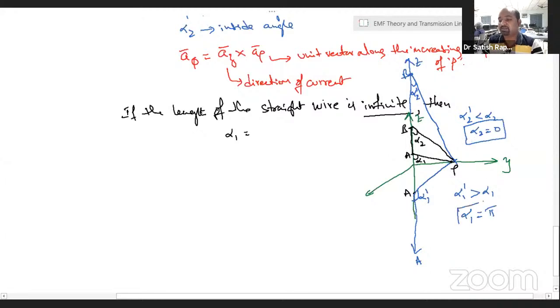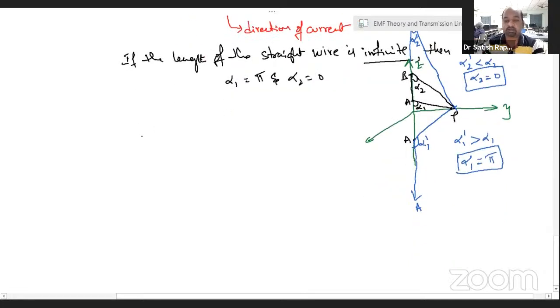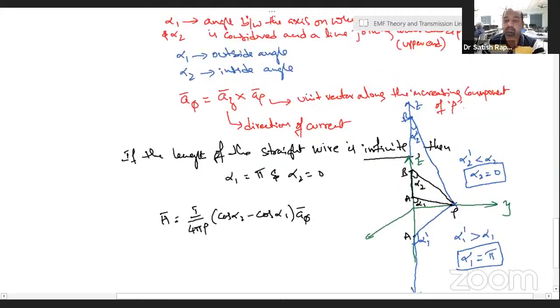And at minus infinity, alpha 1 is pi degrees. Therefore, alpha 1 is pi and alpha 2 is equal to 0 if the length of the straight wire is infinite. So H bar is equal to I by 4 pi rho, cos alpha 2 minus cos alpha 1, a_phi bar.